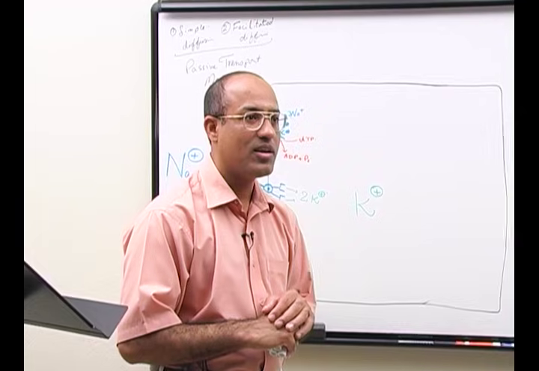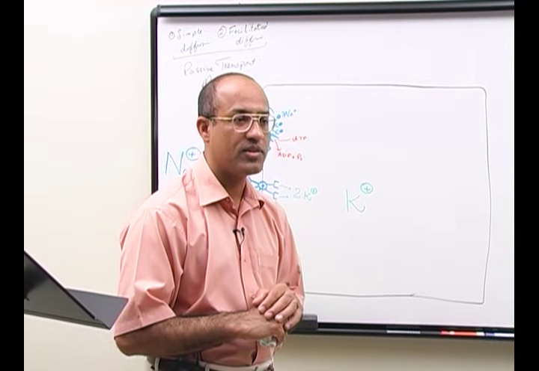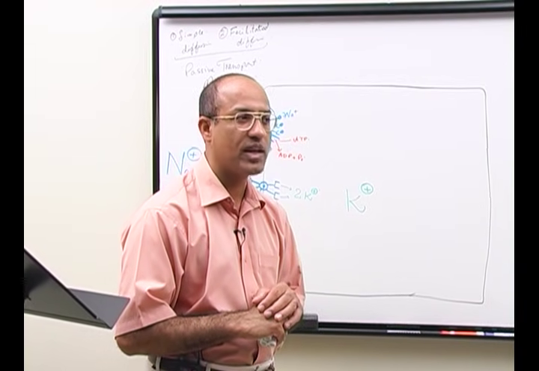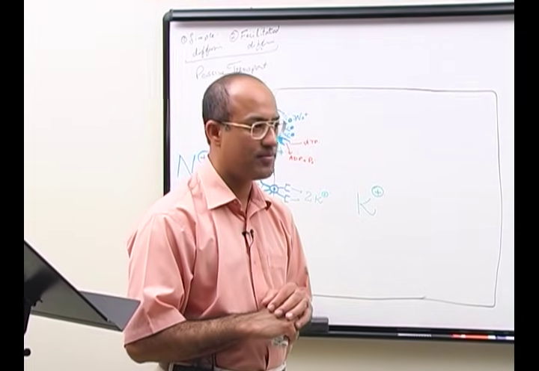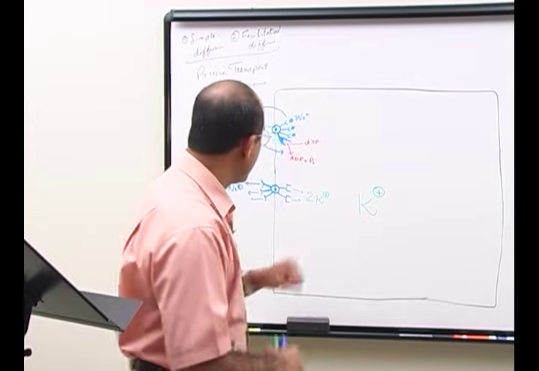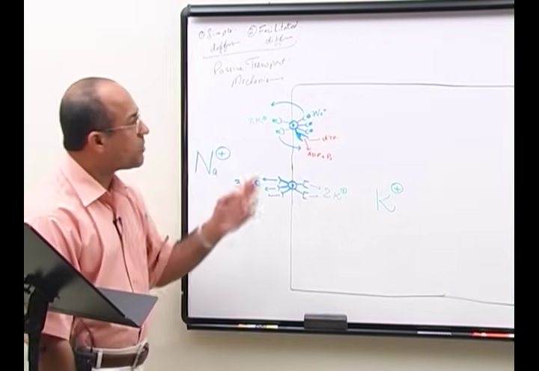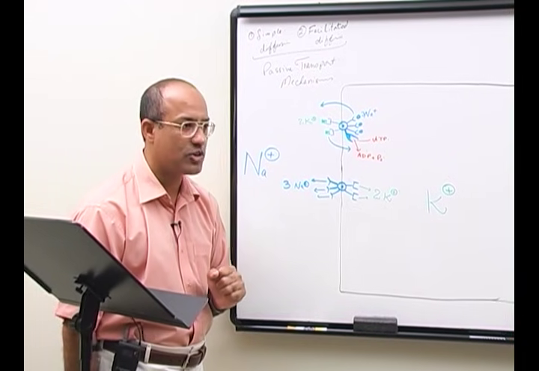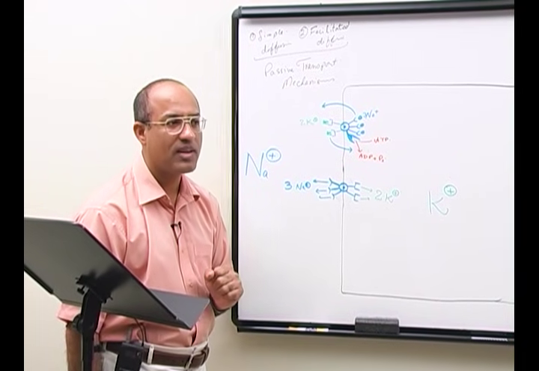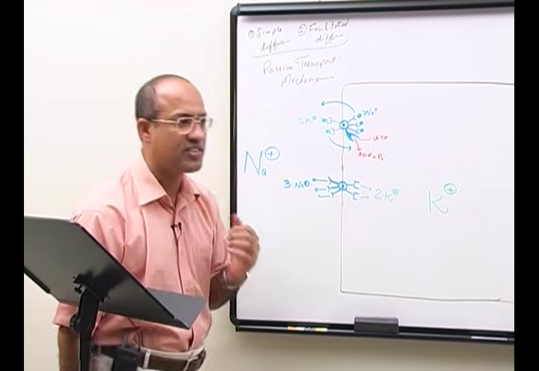And these sodium potassium ATPases, as I told you, are present in every cell. They utilize a large portion of your ATP. Is that right? So this is one example. Now, because substances are moved against the concentration gradient, this is an example of active transport. It cannot be passive transport.